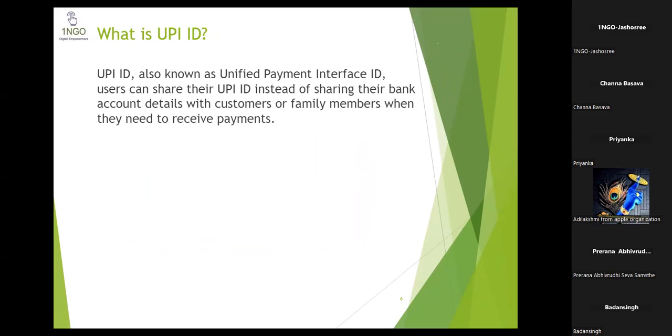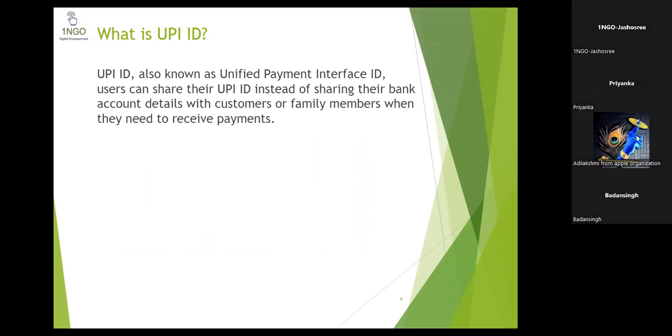If someone wants to send you some money, we can send only the UPI ID instead of sending all the bank details like account number, IFSC code, bank name, with customers or family members, or when they need to receive payments. This is a simplified version. UPI ID is a simplified version of bank details.